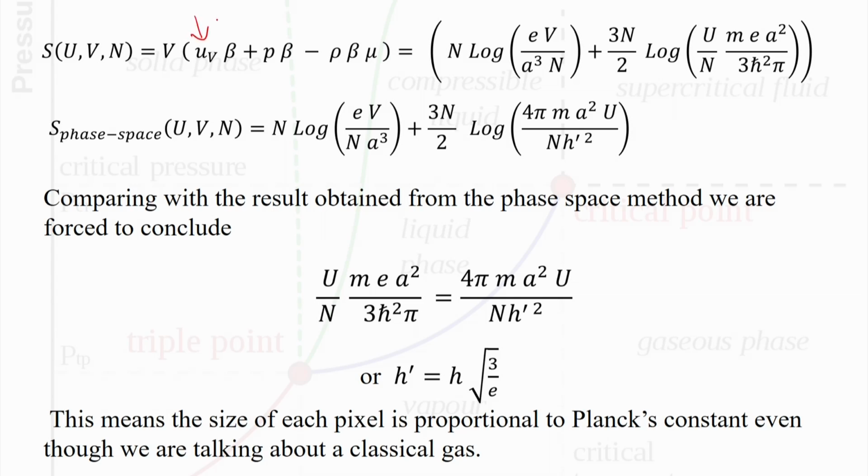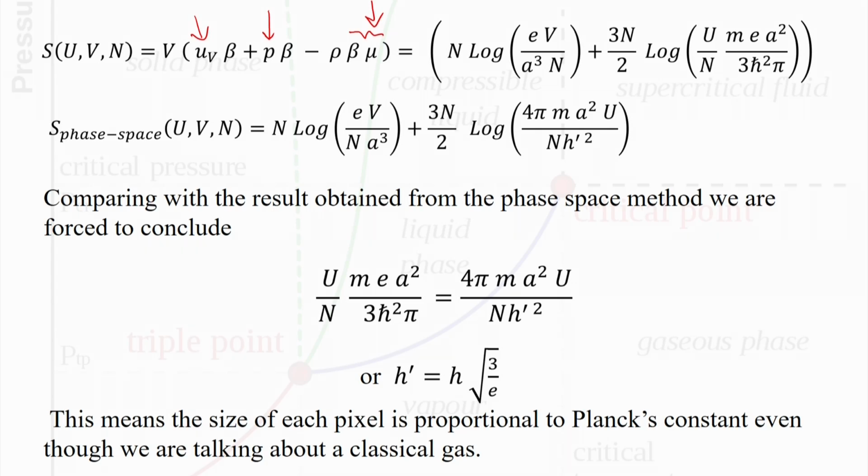Notice that the entropy function has energy per unit volume, which we have just derived, pressure, which we have just derived, and beta mu, which we selected earlier. So, we have derived the classical limits of the energy density, of the pressure, and of beta mu, which we selected in order to make all this work.